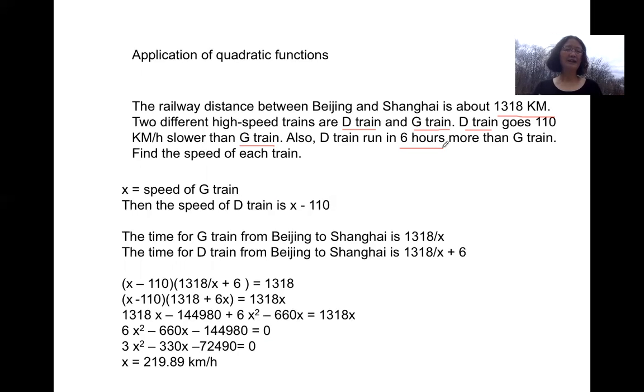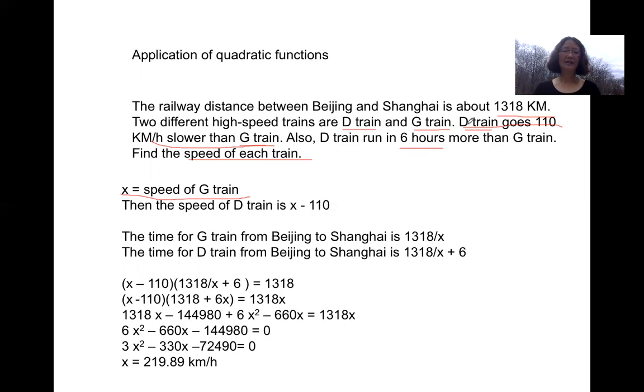So it looks like there are two unknowns, because we need the speed of each train: what is the speed of the D train, and what is the speed of the G train? Because the speeds have a relationship, the D train goes 110 slower than G, we only need one variable. Let x be the speed of the G train.